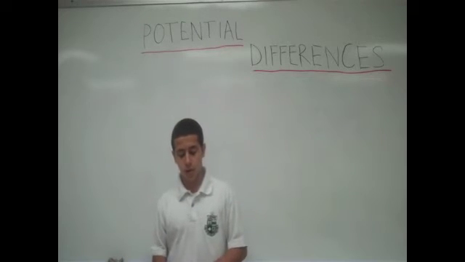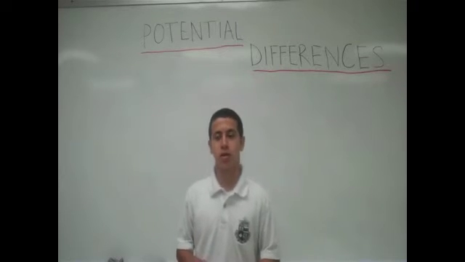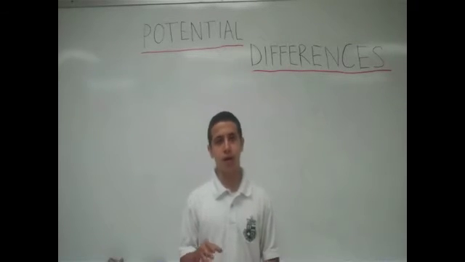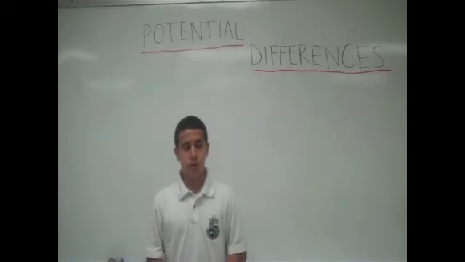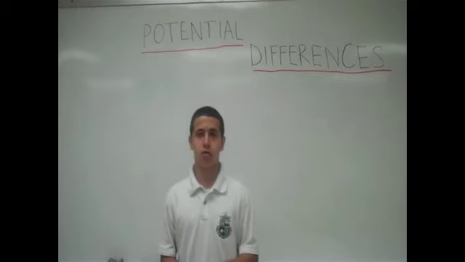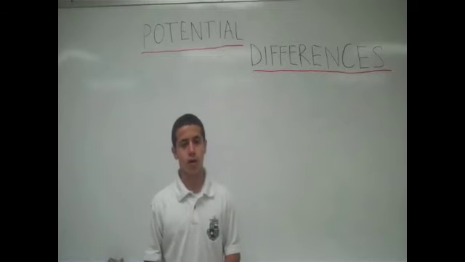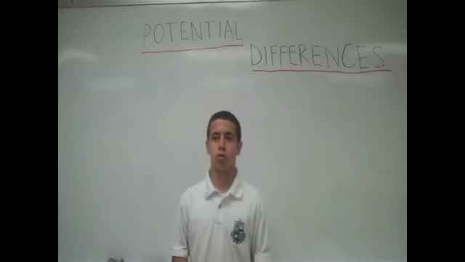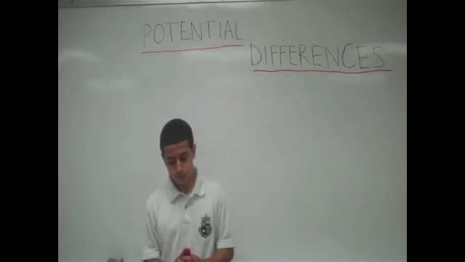Potential difference is the difference between the potential energy per charge at one point in the circuit and the potential energy at another point in the circuit. The unit for potential difference is voltage, and voltage is joules over Coulomb, which is energy over charge.